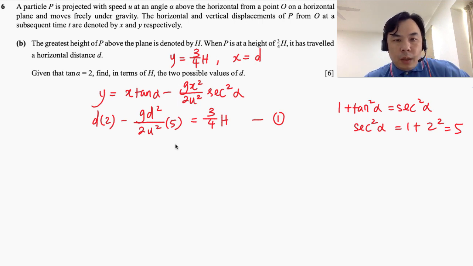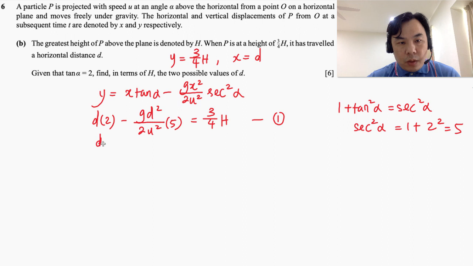Now how do we actually find the maximum height in this case? By using its trajectory equation. We know that using dy dx, of course there are many ways to do this in mechanics, but since we have already set up the trajectory equation, we might as well use dy dx in this case.